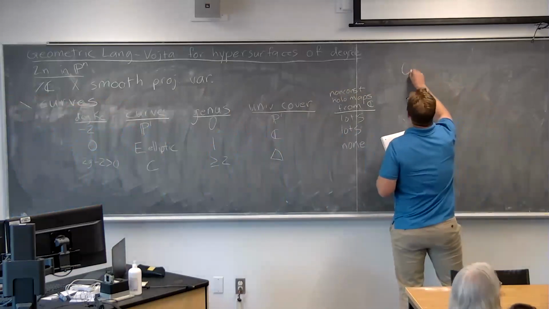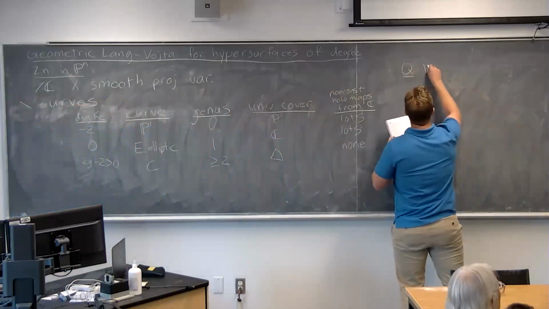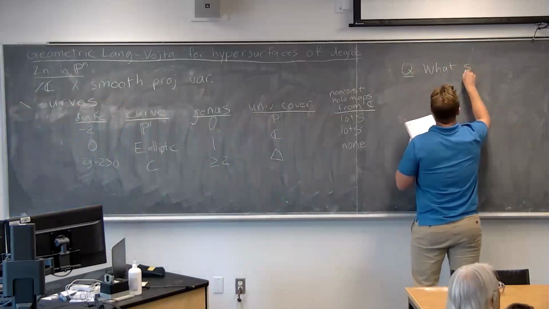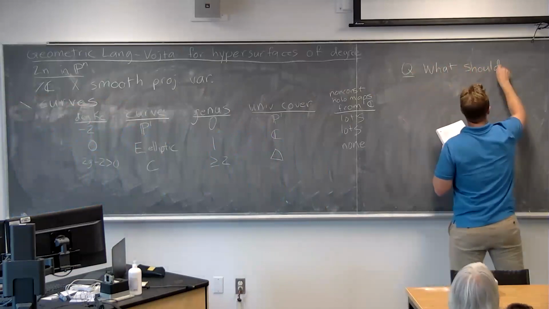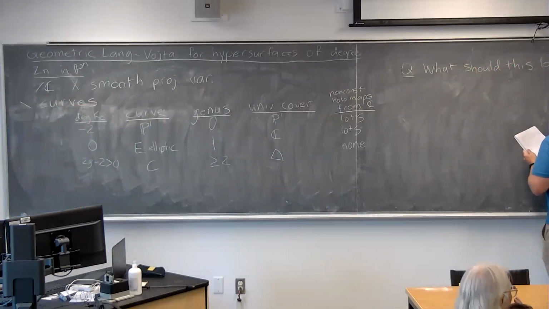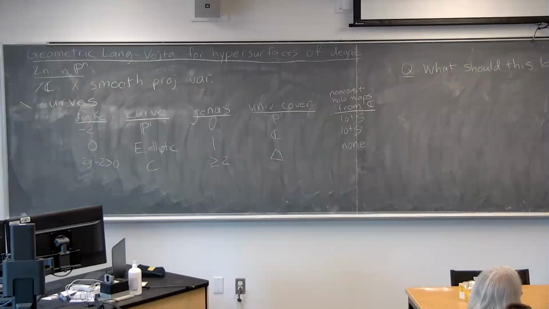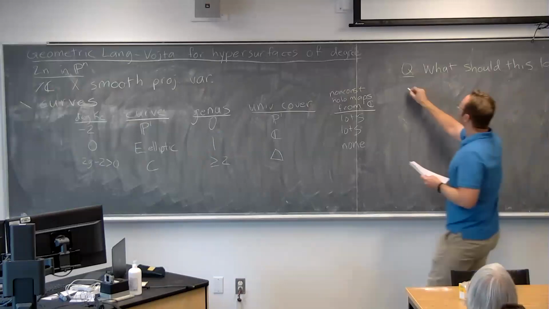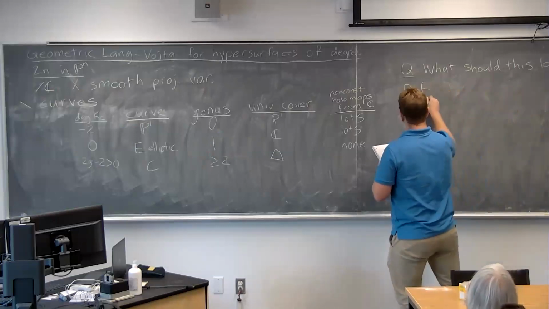Right, so, writing on the board what I just said, what should this look like for dimension bigger than 1? All right, let's get some definitions for the types of objects I'm considering.